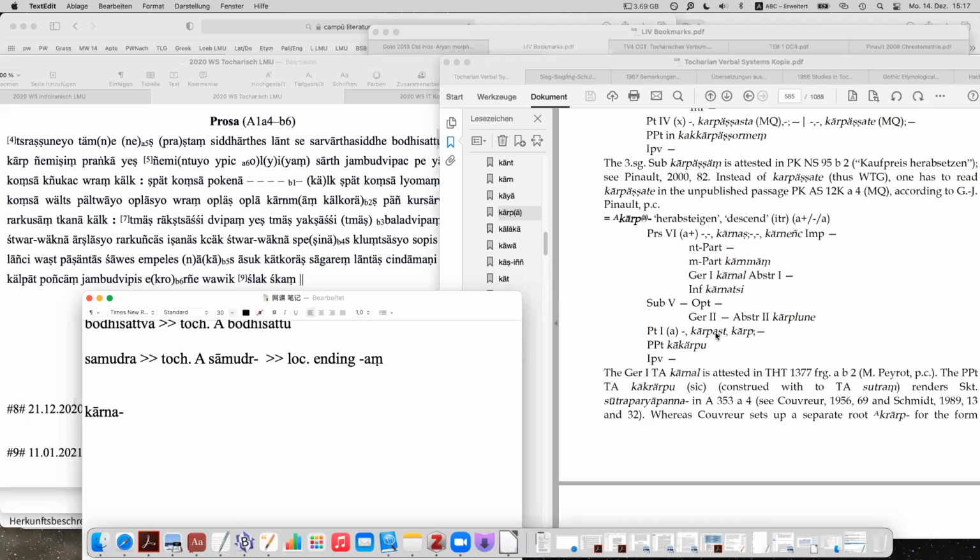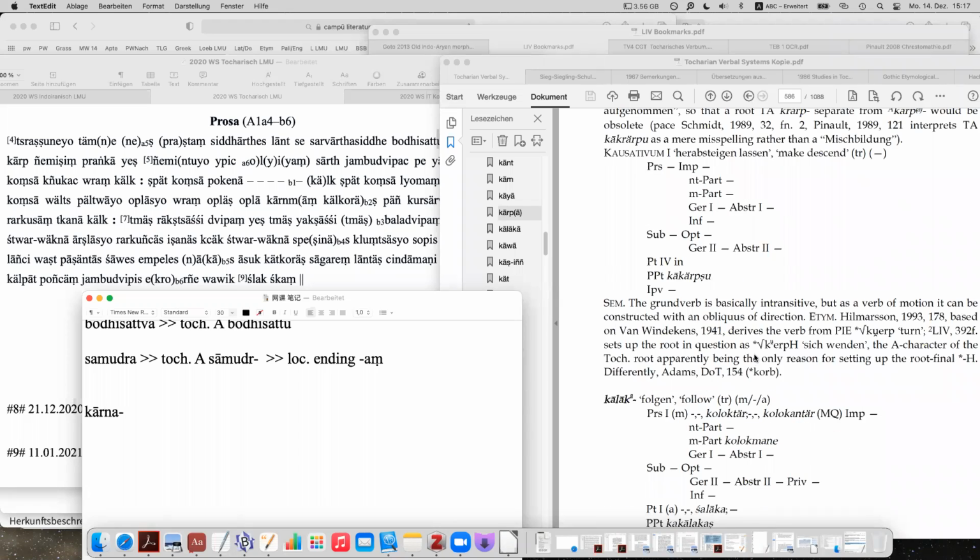So we have karpasht, yeah. And then the third person singular is called karp, yeah. It's just like the root. Okay. And then the preterite participle, it's called karkepu. Yeah, so it's reduplicated and then with a u at the end. Okay, so karkepu, yeah.